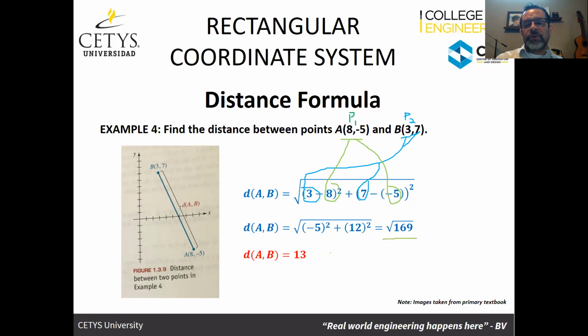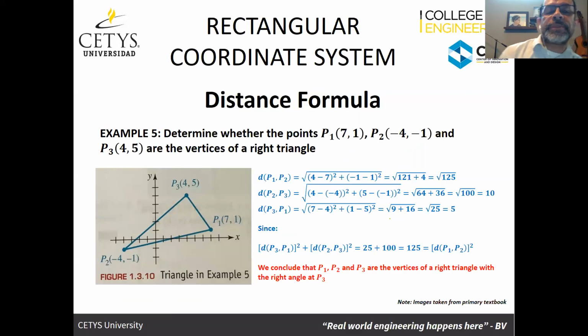It's 169. The root of that is 13. And so the distance between A and B is, in this case, 13 units. Just applying the representation of the Pythagorean theorem for the distance between 2 points.